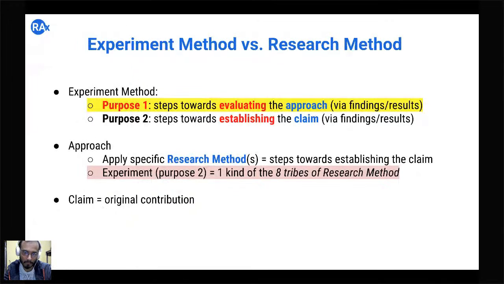I'm pausing here because if you are not clear about purpose number 1 and purpose number 2, all the rest of the discussion for tonight is going to go in vain. So let me see if there are some questions only on this slide first.